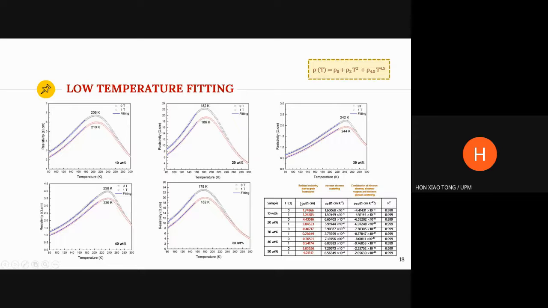And by comparing all of the rho naught, rho 2, and rho 4.5 values, we found that the resistivity in our samples at the low temperature region is mostly contributed by the grain boundary effect, as the value obtained for rho naught is the highest among all.